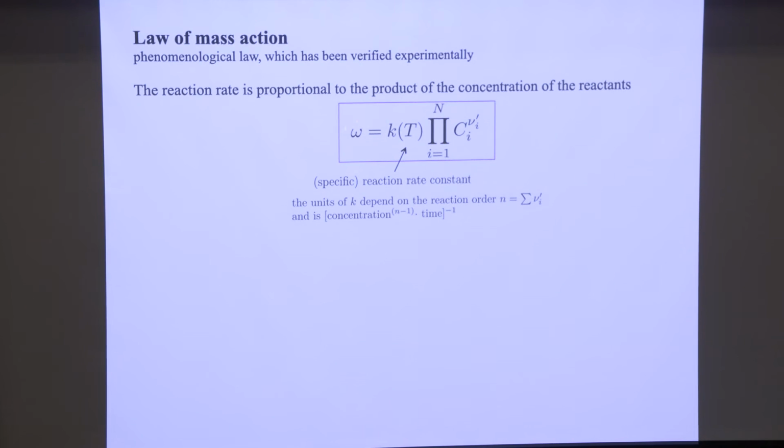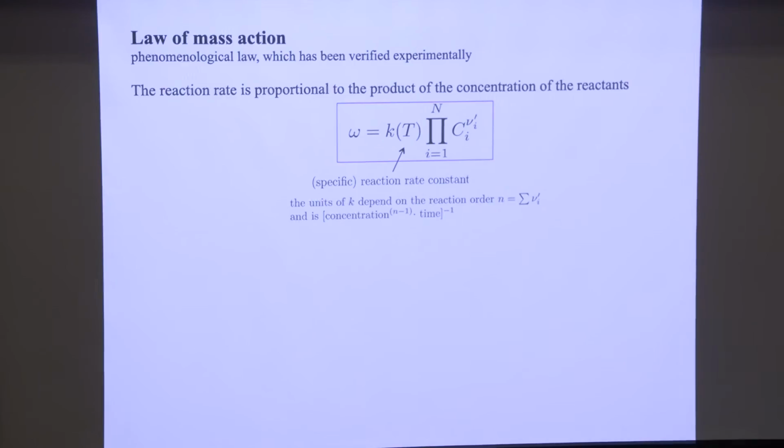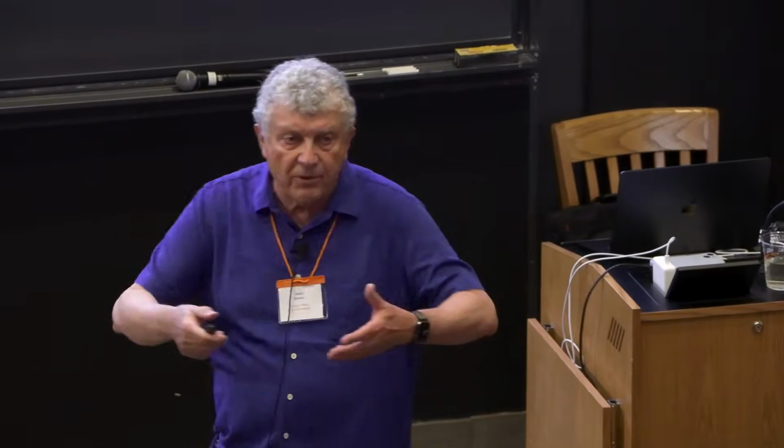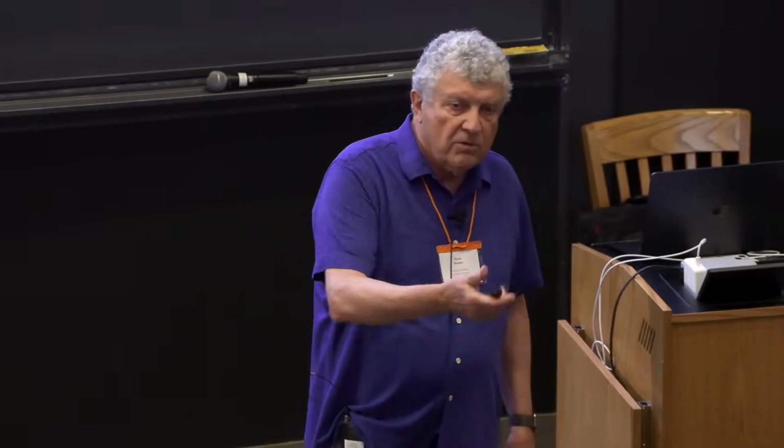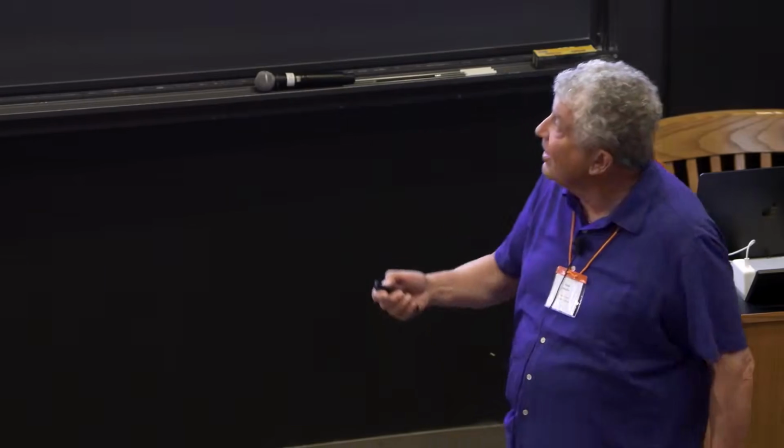What it says is that the reaction rate is proportional to the concentration of all the reactants, each raised to the power nu i prime. Because if you have, let's say, 2H2 in the reactants, it's H2 twice, and so you raise it twice, essentially.